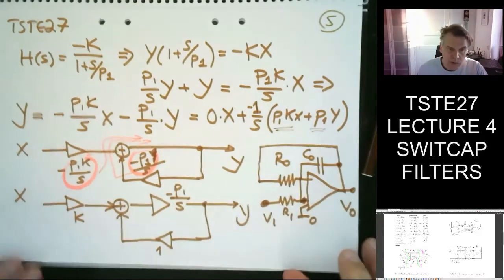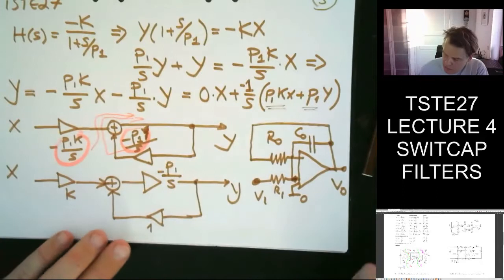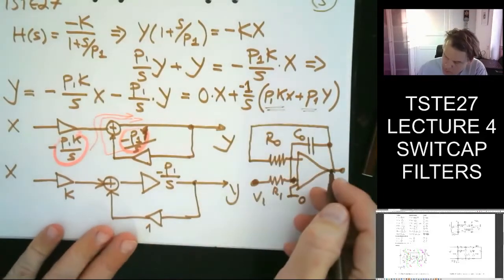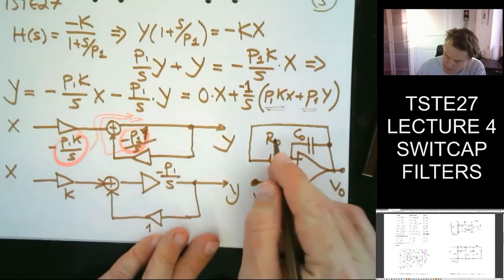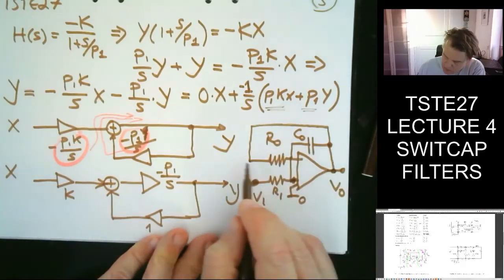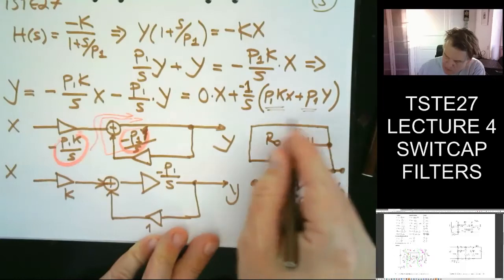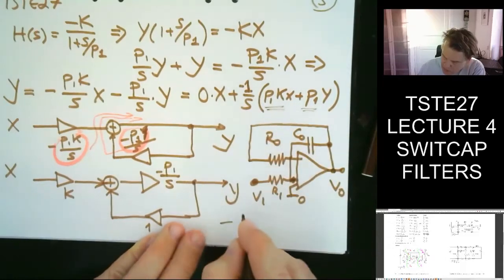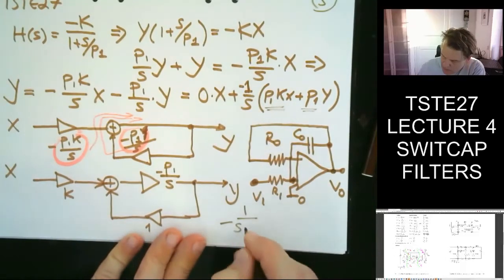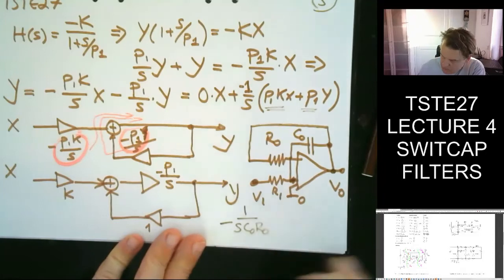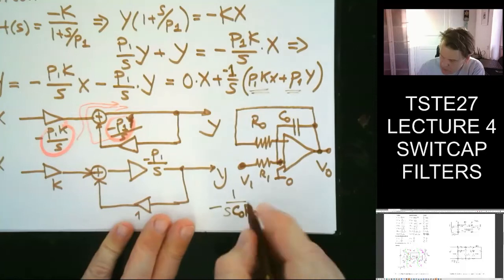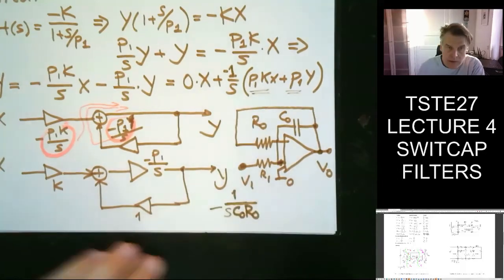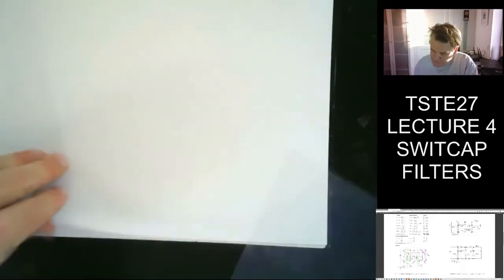So that's also something we're going to do in the next hour. What can we do to do this? Well, I obviously see that from V0 to the output, my transfer function is minus 1 over S C0 R0. Let's bring that to another page, sorry.